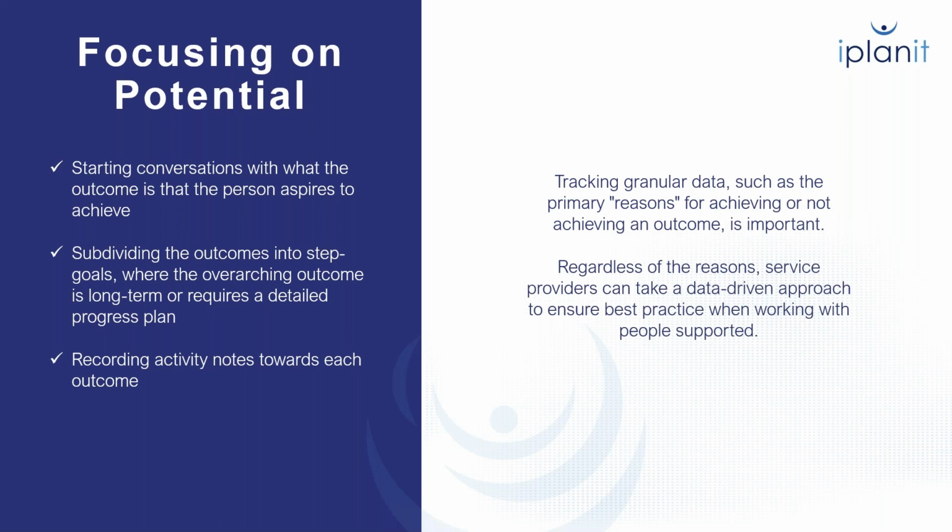If the primary reason for outcomes being achieved is through the involvement of the person's circle of support, then that should be noted for further reference and making sure that the circle of support are included in future outcomes and goals. Or other reasons may be that the staff are just not the right fit. So regardless of the reasons, service providers can take a data-driven approach to ensure best practice when working with people supported.